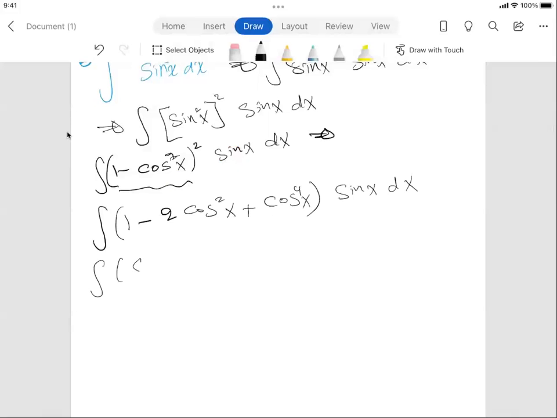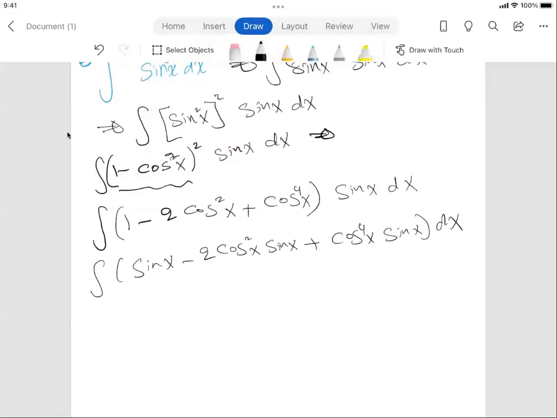Now I'll just distribute sine of x: sine of x minus 2 cosine squared of x sine of x plus cosine to the fourth x sine of x dx.